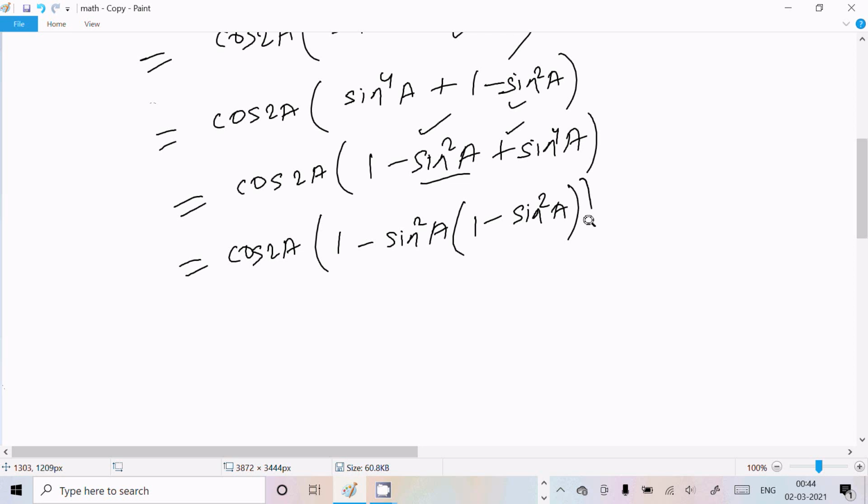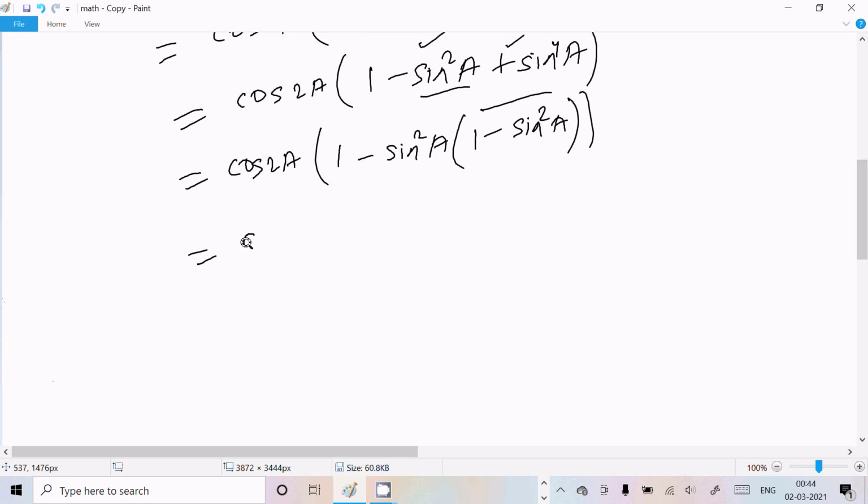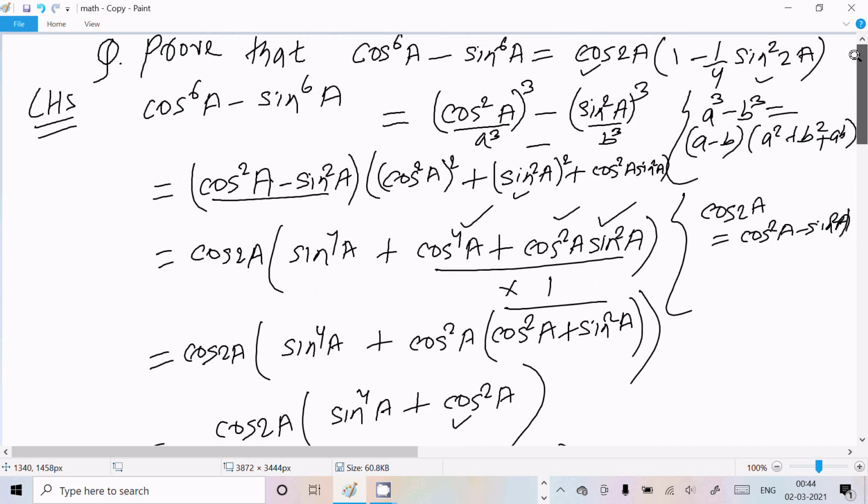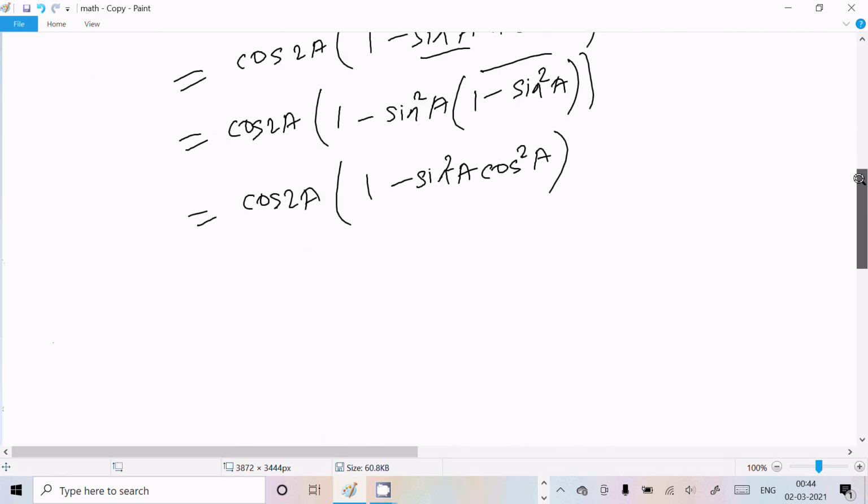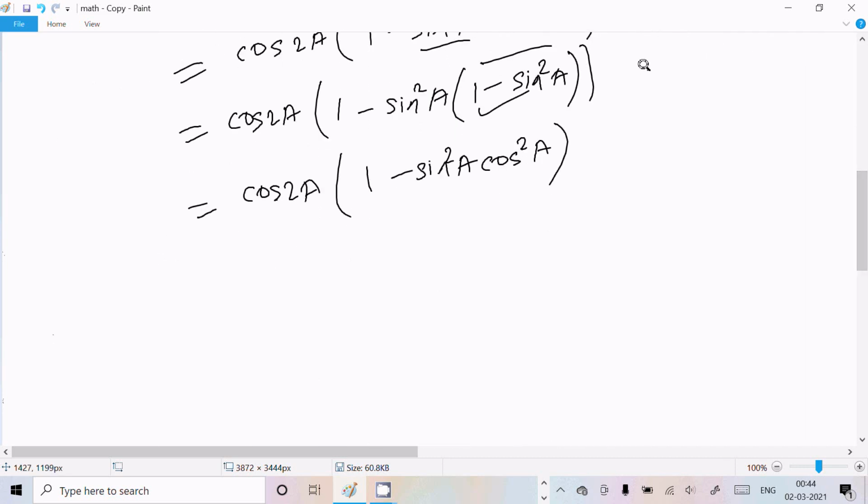Okay, now hereafter 1 minus sin^2 a, cos 2a. So 1 minus sin^2 a is cos^2 a. Now finally I have done almost up to sin 2a. The formula 1 minus sin^2 a is cos^2 a, because you already know cos^2 a plus sin^2 a equal to 1.